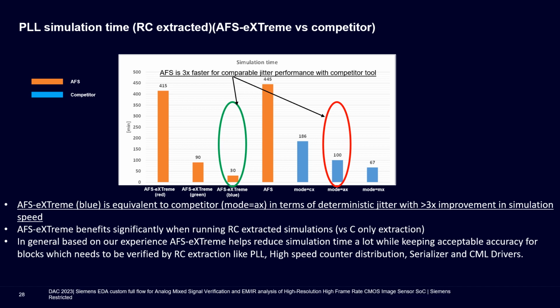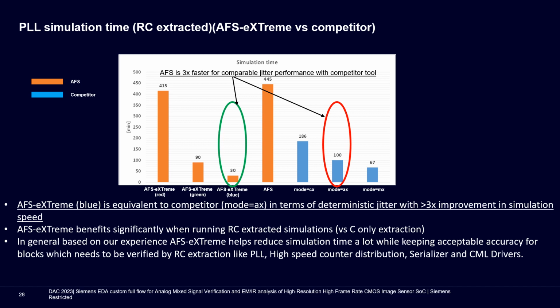Therefore, at comparable jitter performance, AFS Extreme outperforms the competitor tool by more than 3 times in terms of simulation runtime. Also, it is interesting to see that AFS Extreme also significantly outperforms the old AFS in terms of simulation runtime, which makes it evident that Siemens simulation tools are getting better and better over time.